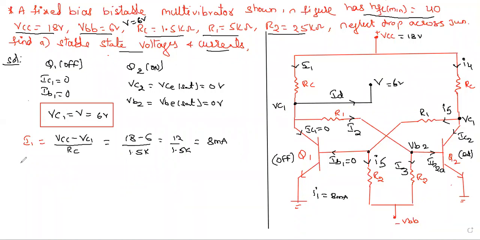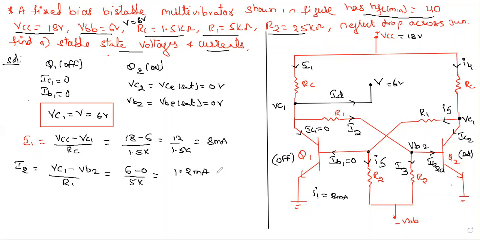So I2 is given by VC1 minus VB2 divided by the resistance R1. So VC1 is 6 volts minus VB2 is 0, divided by R1 is given by 5 kilo ohms. So it is 1.2 milliamps, 6 by 5.